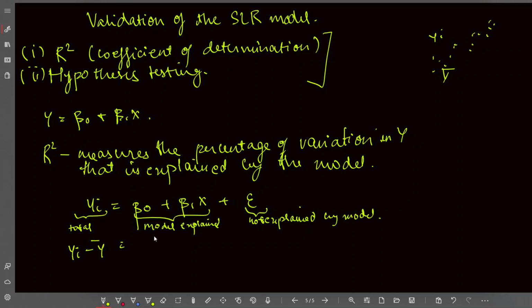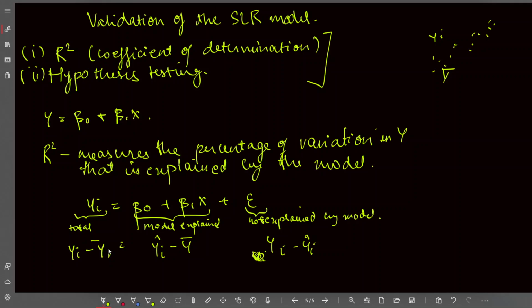And then the model explained variation is basically yi hat minus y bar, and the error is yi minus yi hat. So the total variation is the difference between the actual value and the mean value.